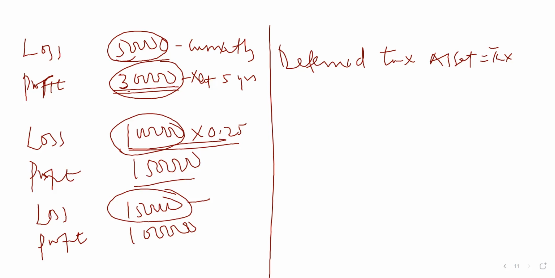We have relieved losses and unrelieved losses. The relieved losses are losses that are already subtracted from profits. Unrelieved losses are the losses that are yet to be subtracted from the company's profits. So the provision will always be made on unrelieved losses.